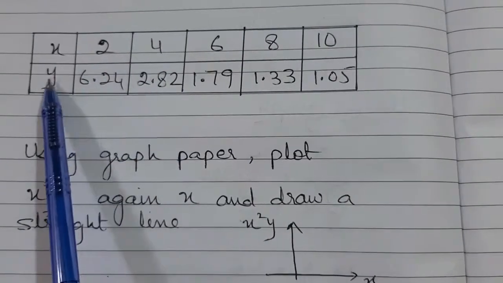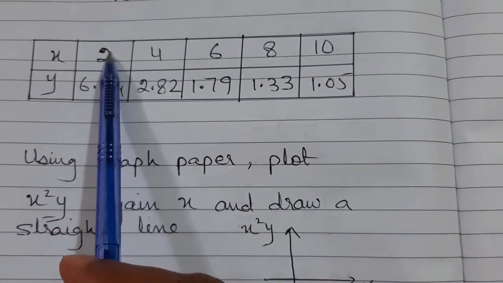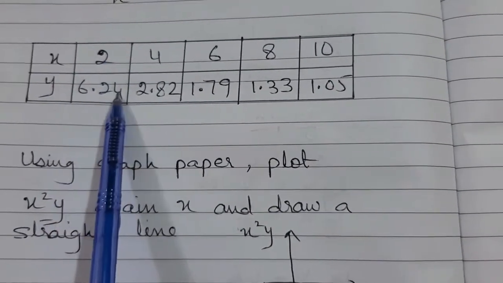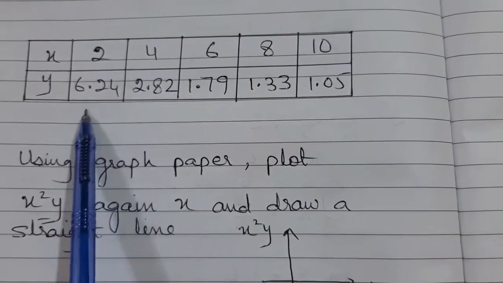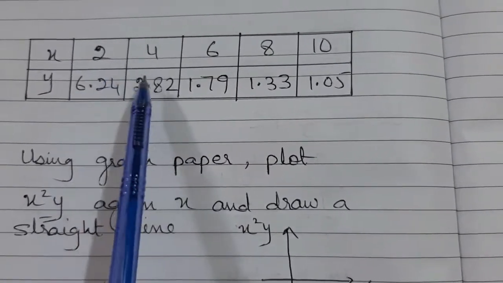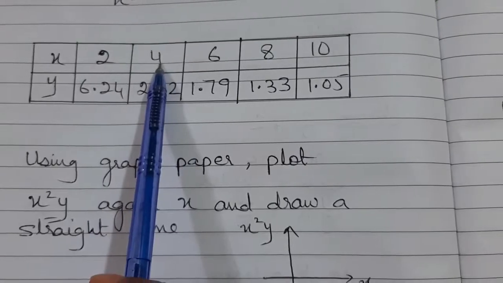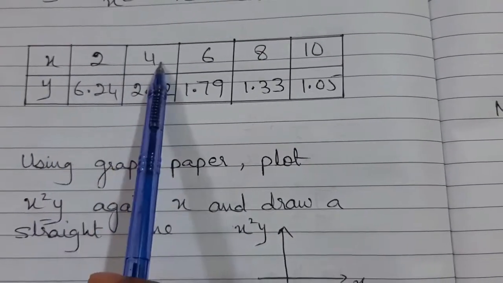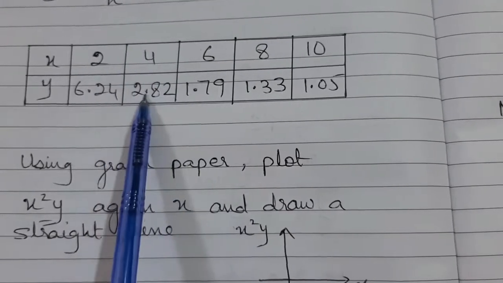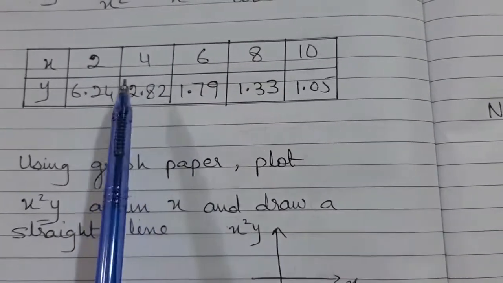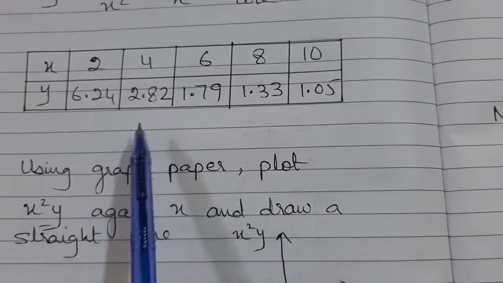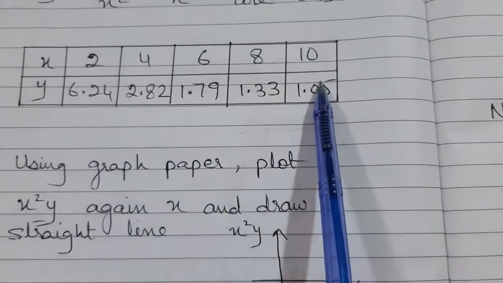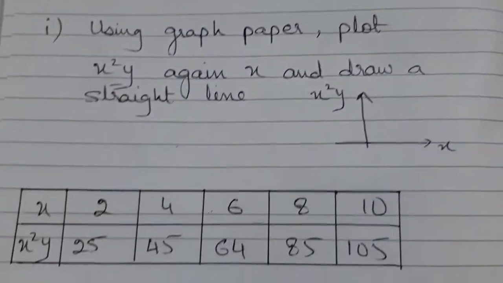Meaning x square y: 2 square is 4, 4 multiplied by this. Whatever the answer will come will be written here. Then for this value you will use 4 square is 16 because it is x square y. 4 square is 16, 16 multiplied by this. Whatever the answer will come, you will write here.